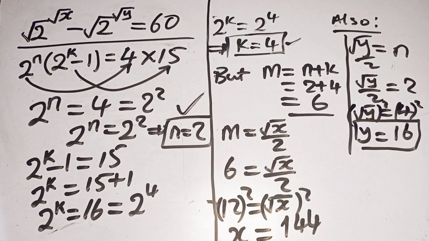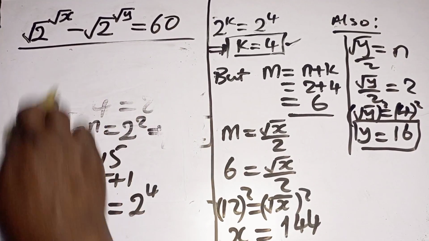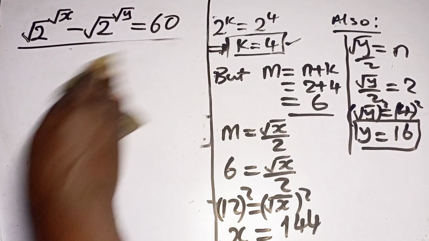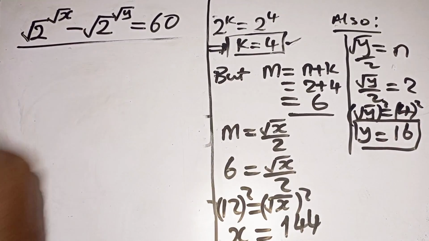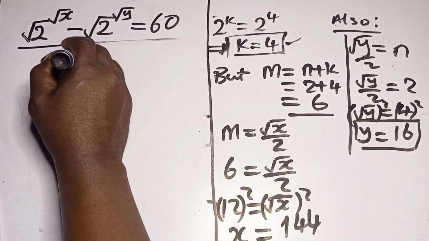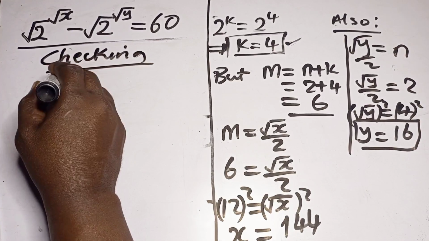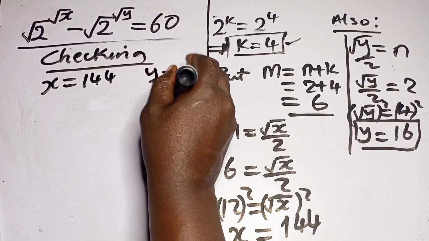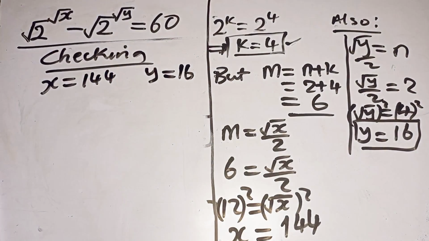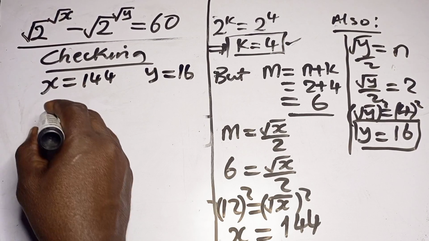Let us do the checking to be sure of our result. We're going to put x to be 144 and we're going to put y to be 16 in our original equation to see if the left hand side agrees with the right hand side.